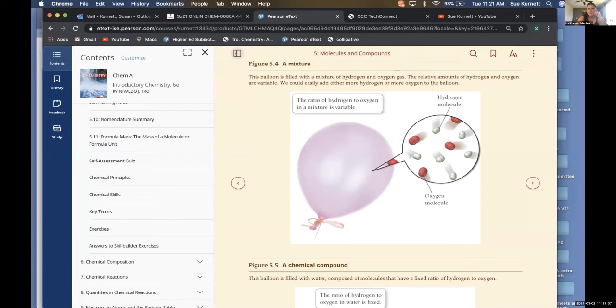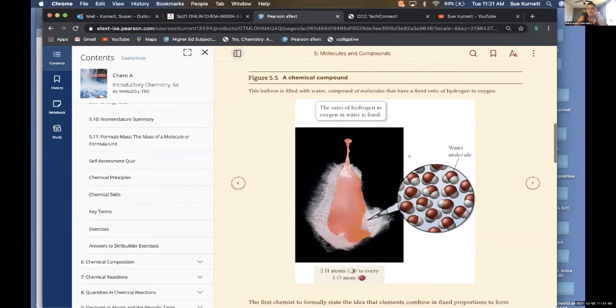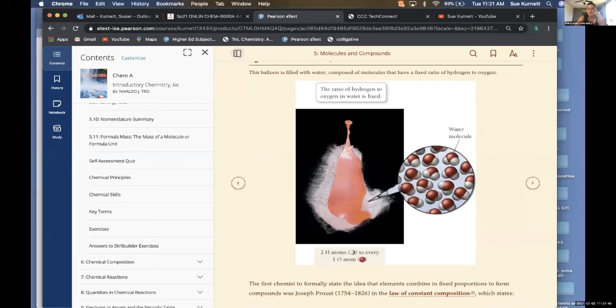They exist in pairs, and that will be something that we'll need to know, and we'll cover that in just a second. But then they can react to form water, and now we have 1 oxygen and 2 hydrogens that are sticking together as a discrete unit. So oxygen and hydrogen are both nonmetals. When they react to form water, they create a covalent compound, and there's a way of naming that.